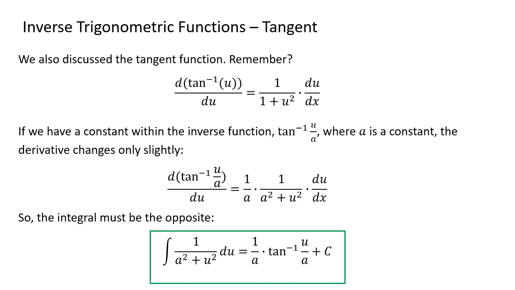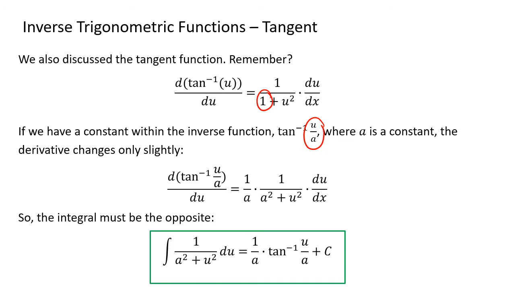When you have that same function but it's u divided by some constant a, then instead of 1 divided by 1 plus u squared, it's 1 divided by that constant a squared plus u squared. And because it's the tangent function, you also have an additional 1 over a term. I'm going to show you where these are applied in 2 examples.